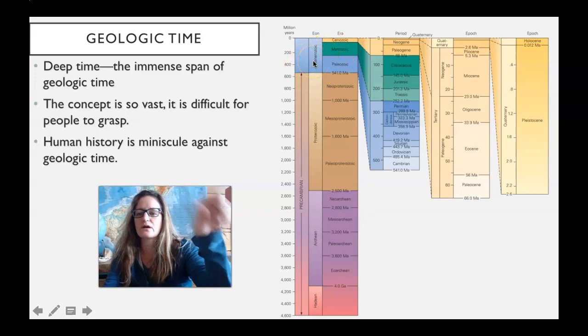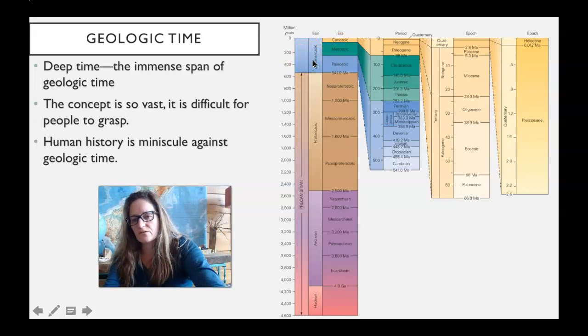So going back the other way, we are part of the Phanerozoic, here at the top of the time scale. Of the Phanerozoic, we are the youngest. We're in the Cenozoic. Of that, there's the Paleogene, Neogene, Quaternary, and we are in the top of the Quaternary over here in the Holocene, just after the last Pleistocene ice age.